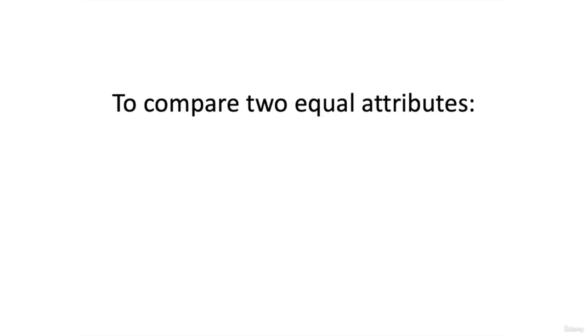Great job! Now what happens when we want to compare two equal attributes? By attributes, I mean a word that describes a noun that says what it looks like. We use the pattern as plus adjective plus as.